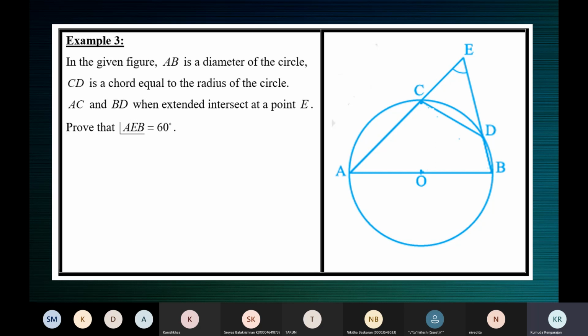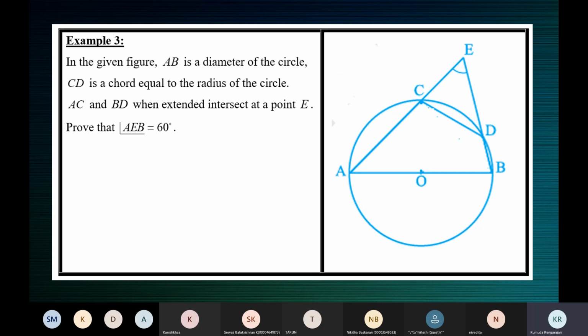If you do not know the diameter of the circle, then you cannot use the theorem. Here we have AB as diameter, so maybe sometime we have to use this theorem: angle in a semicircle is a right angle.